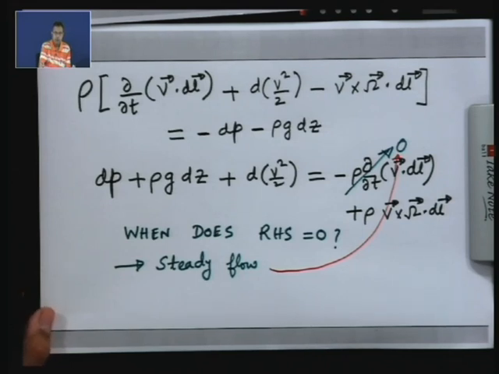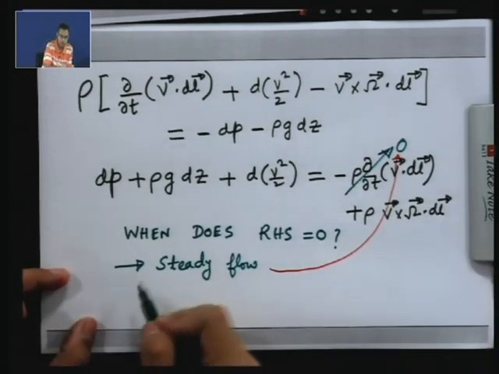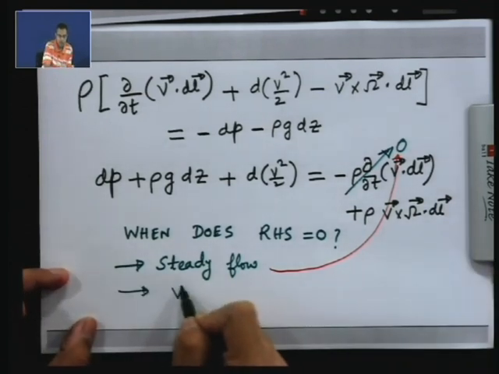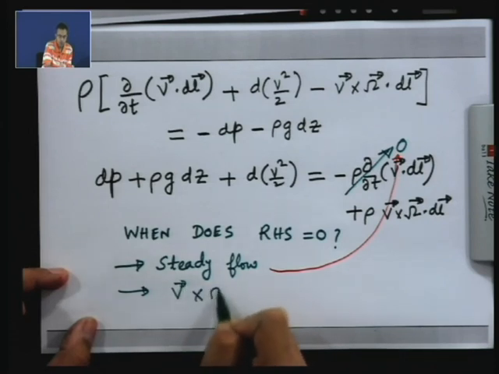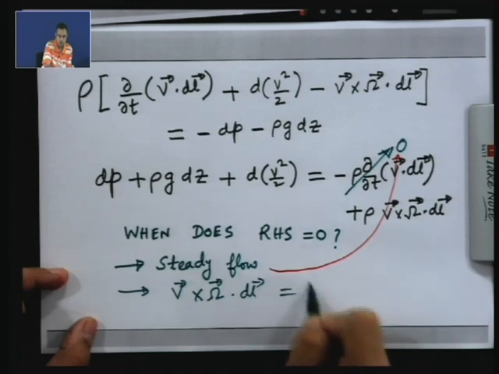The second possibility is when V cross omega dot dl equals 0. So, when is it 0?